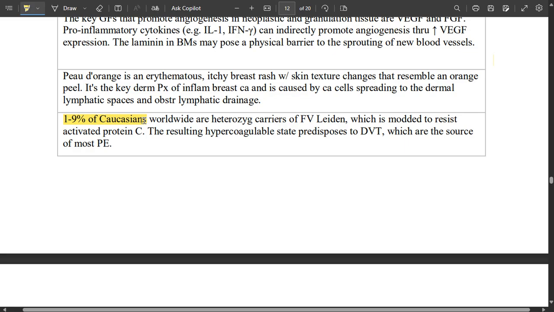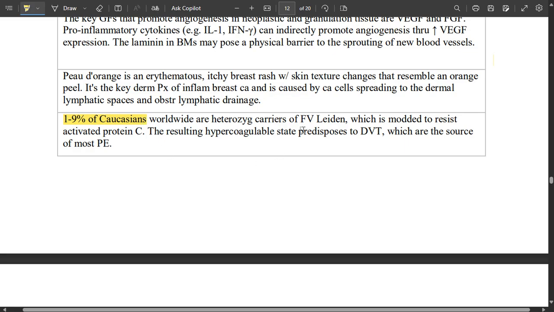Factor V Leiden resists the activated protein C, so this mutation causes a decrease in the activity of protein C. With decreased anticoagulation activity, more coagulation occurs.